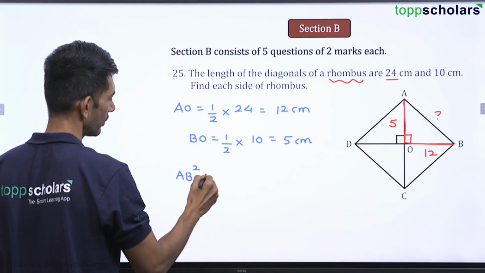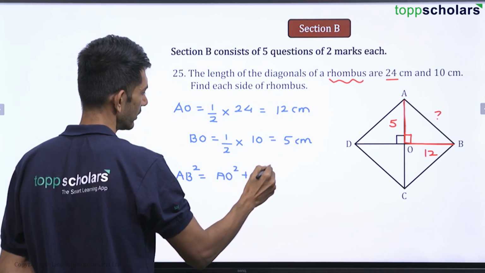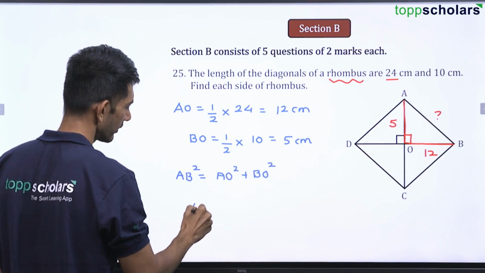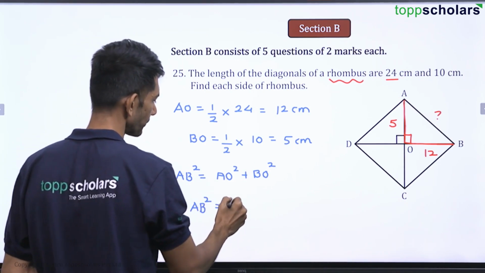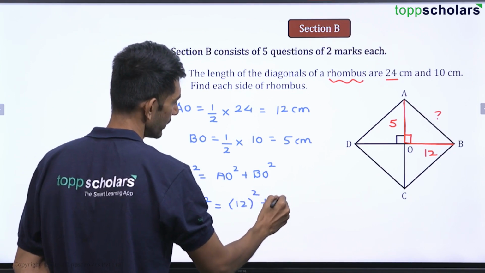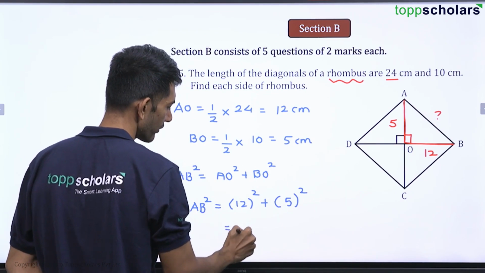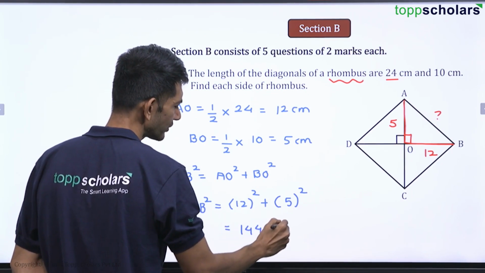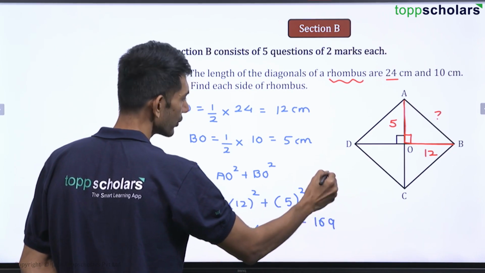AB square is equal to AO square plus BO square. So AB square is equal to 12 square plus 5 square. 12 square is 144. Okay, you can do this. So I'm not putting much time into this, and that is 169. Under root of 169 is going to give you 13.